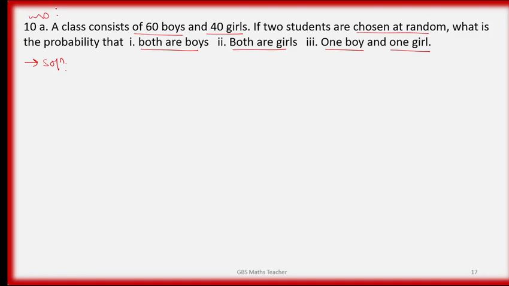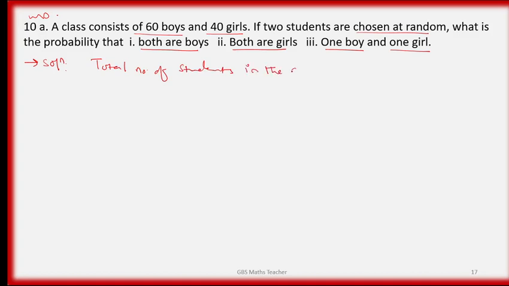Now here, total number of students in the class.